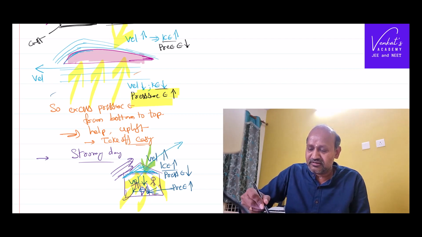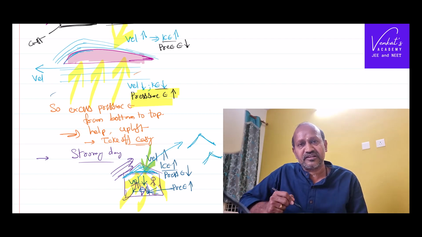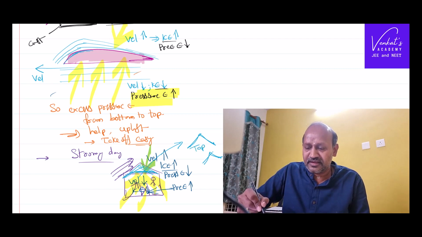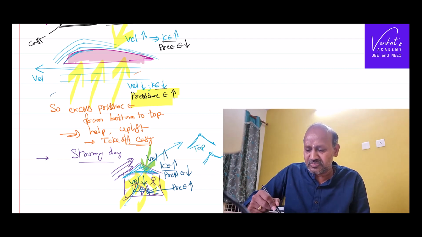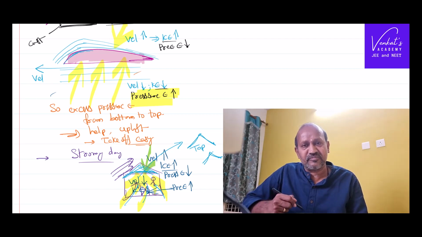That's why in cyclone times, you won't see the entire hut flying in the air, rather the top of the hut is flying in the air. Why? Because there's more pressure energy acting from inside, which is a real application of Bernoulli's theorem.